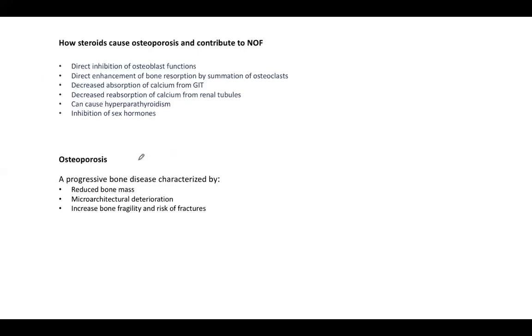So now you start a person on glucocorticoids, and he develops a fracture of the neck of femur. How do steroids result in fracture neck of femur or osteoporosis? Bone health depends on osteoblasts, osteoclasts, and calcium level.